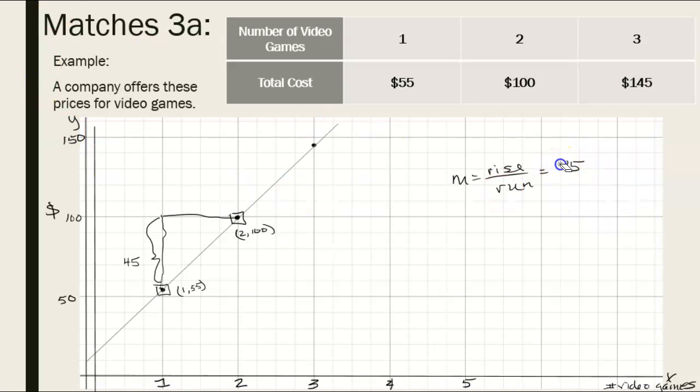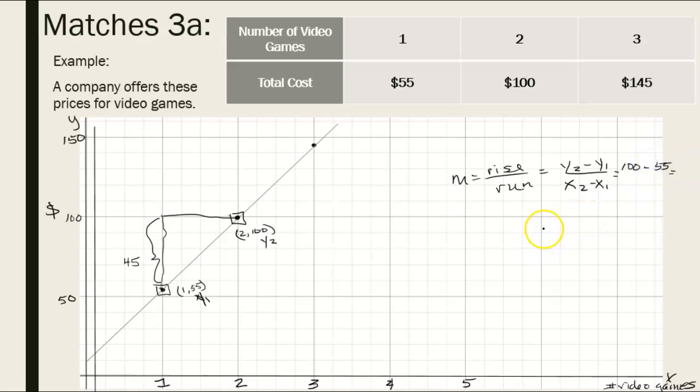And I'm going to show you something else while I'm at it. Remember, our slope is also y2 minus y1 over x2 minus x1. Basically what I did to find my rise is I took my y2 value of 100, and I subtracted off my y1 value of 55.